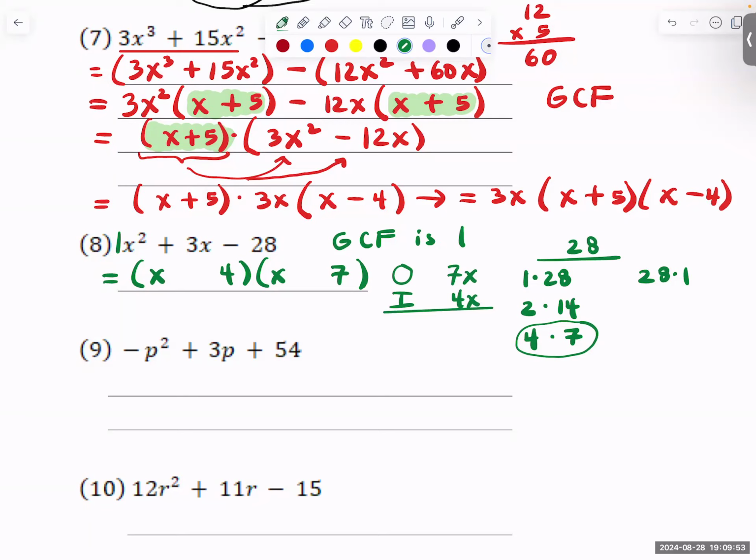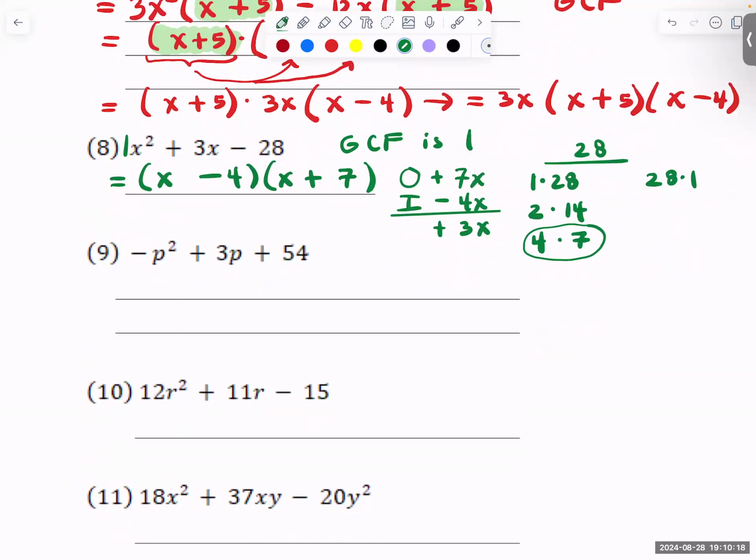The middle term is plus 3x, which we must get. So to get the required plus 3x, that tells us we need a plus 7 and subtract 4 to make plus 3x. So plus with the 7, minus with the 4, and the product will give a minus 28, so it is going to check out.